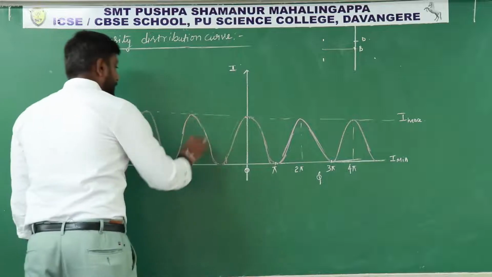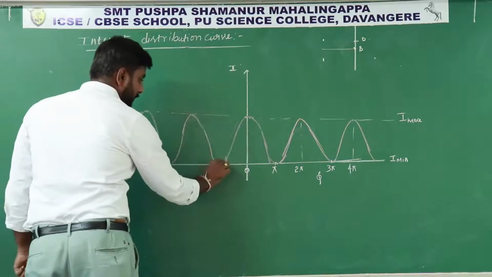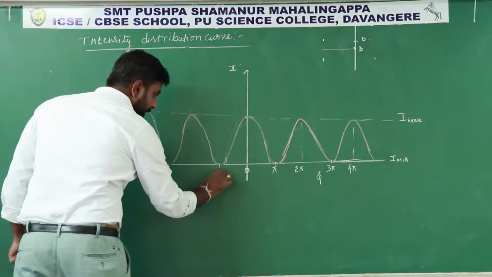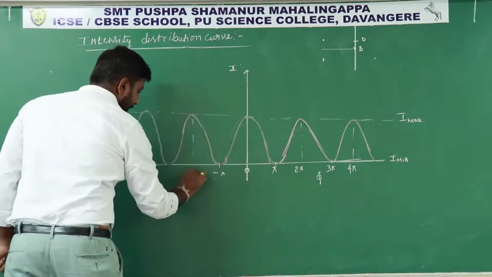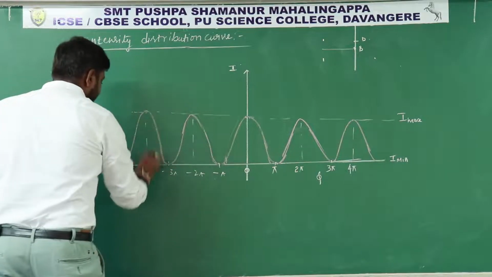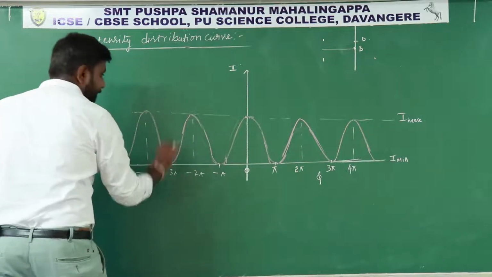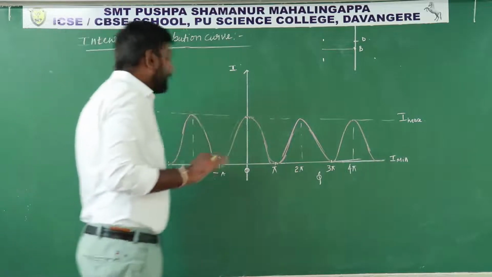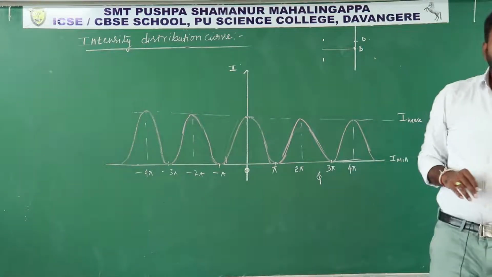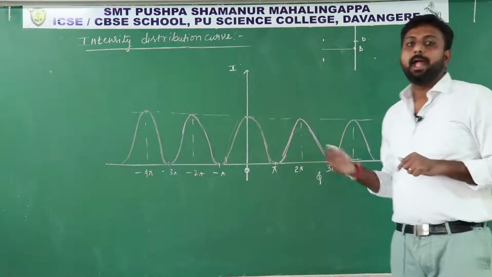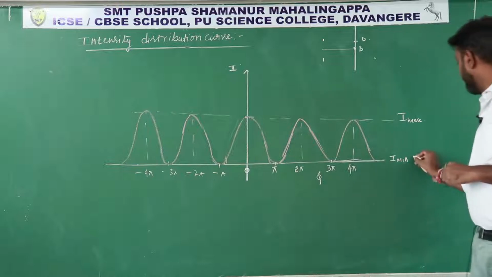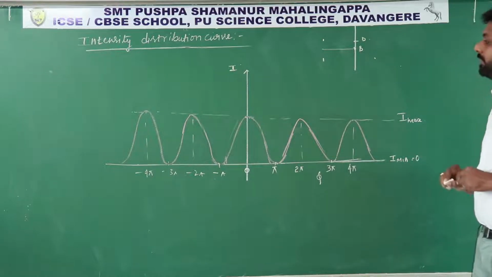And in the down direction I can write minus pi, minus 2 pi, minus 3 pi, minus 4 pi. And remember, all bright fringes have the same intensity, equal width, and all dark fringe intensity is 0. Here I minimum value is 0.